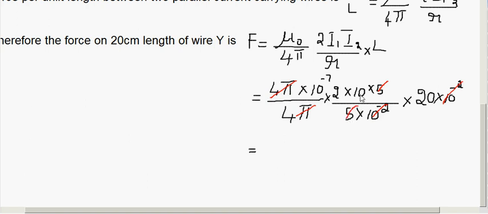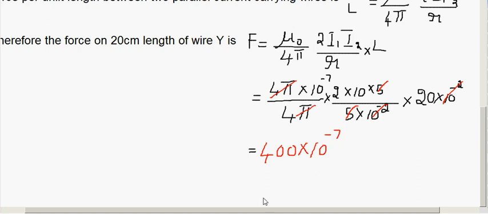So 2 into 20 into 20, that is 400. 400 multiplied by 10 to the power minus 7 Newton.